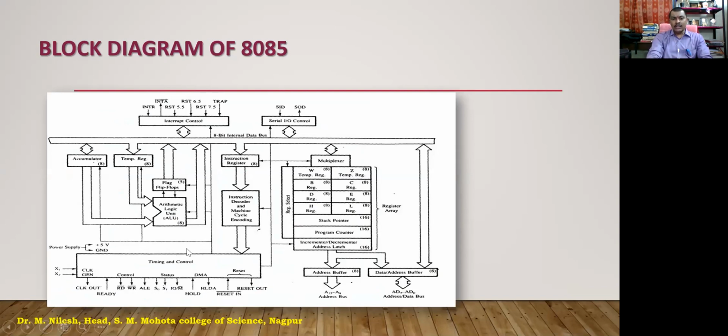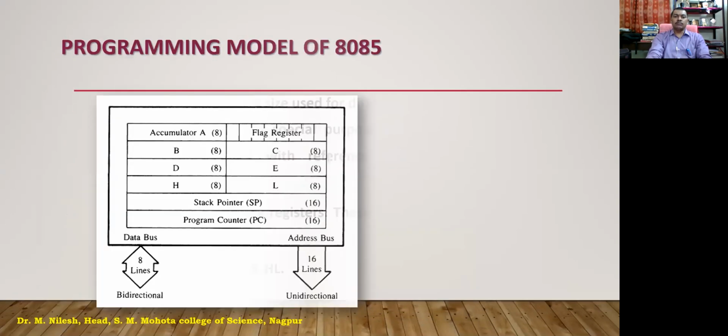These signals are very important, and they are generated by the timing and control unit depending on the instruction register or the instruction decoder block. It decodes that particular instruction, and only then does it generate these signals, and those signals are given to the microprocessor kit, and there a particular segment is going to work. So these are the architecture.